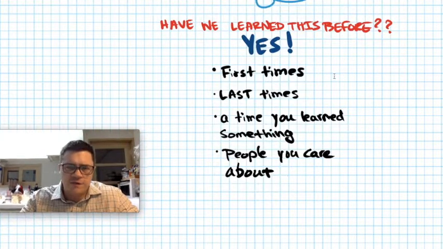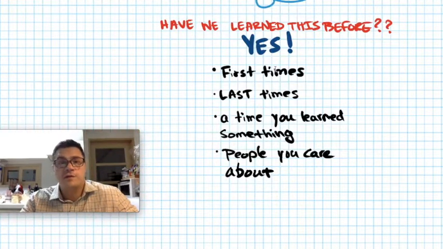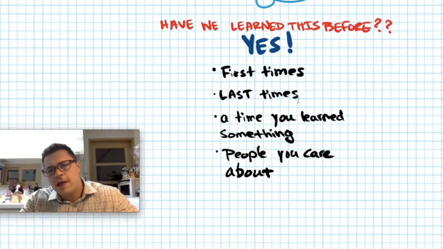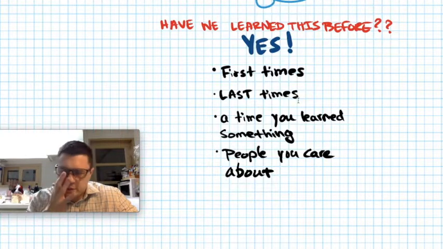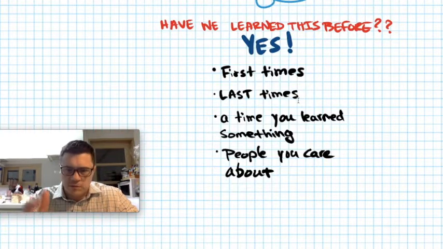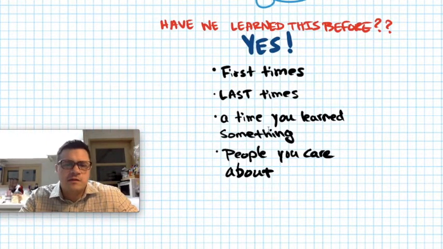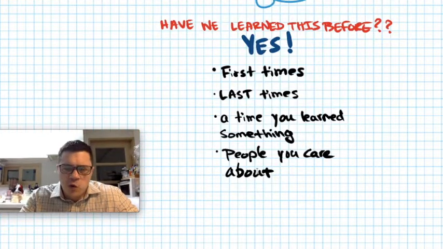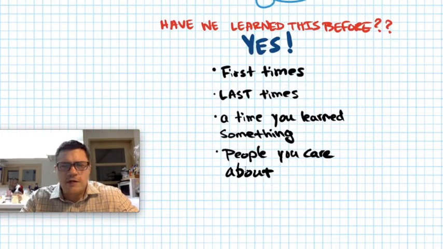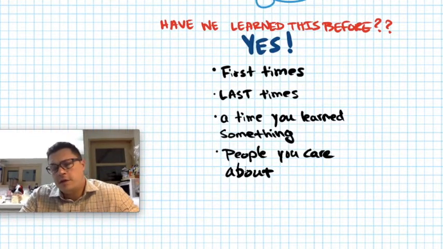We talked about the first time you did something, the last time you did something, like the first time I went skiing, the last time I was in Seoul, okay, or a time you learned something. And the time I learned when my dad really understood me. That was my example from the unit. Or people you care about. So you think about someone and you identify specific moments where something special happened. Okay, so we've done that work before.